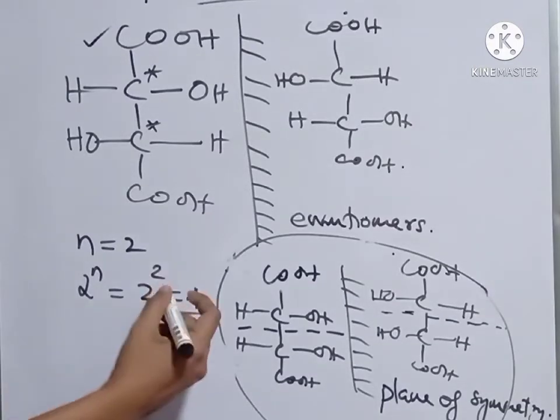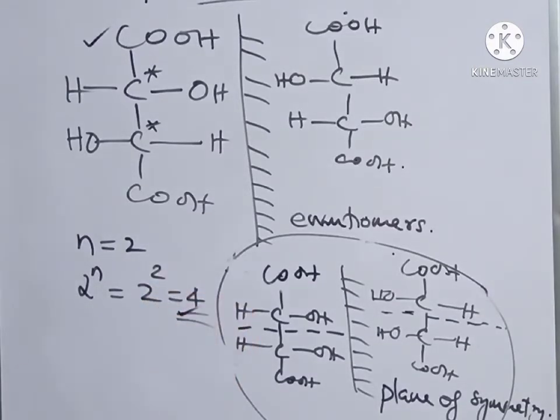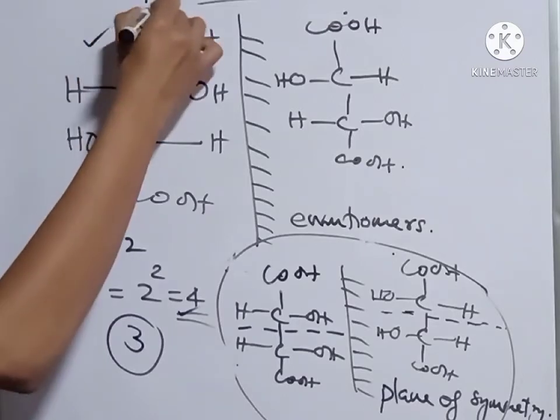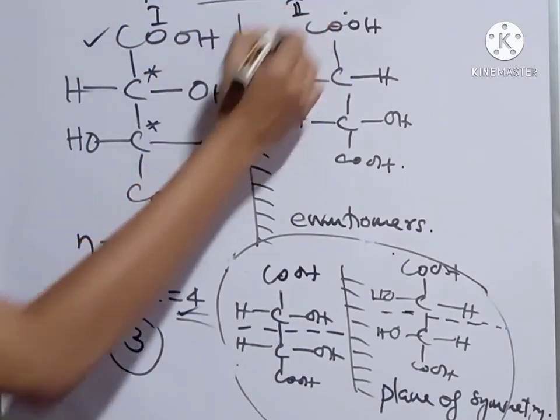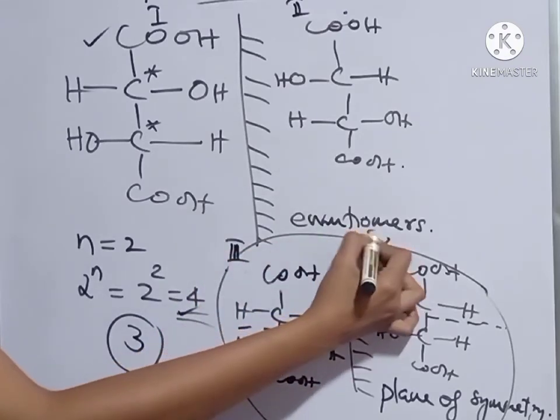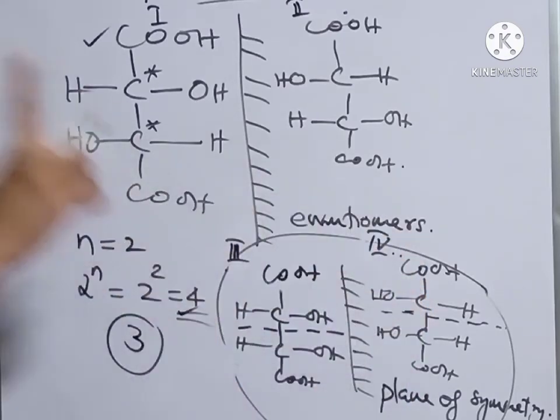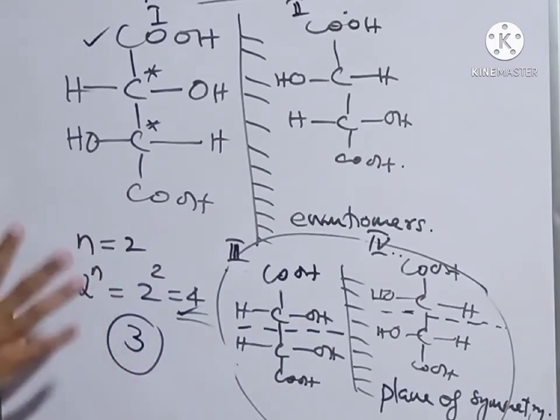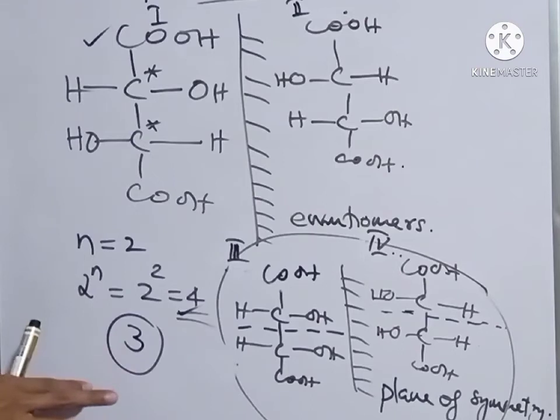So theoretically there are 4 stereoisomers, but in the actual case there are only 3 isomers. This is 1, this is 2, and this is 3. 3 and 4 are identical, so these two are considered as only one stereoisomer. In the actual case, only 3 stereoisomers are there.